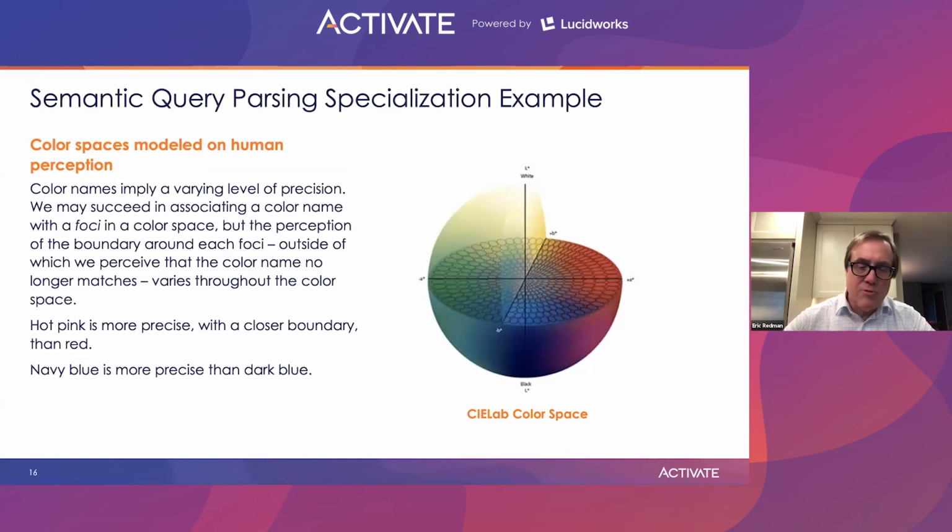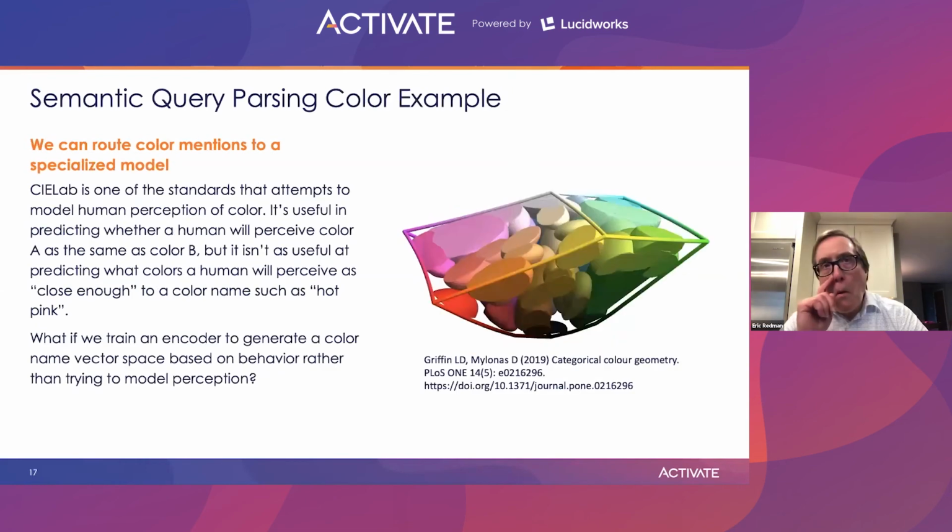Navy blue and dark blue, that's another example of a variation in precision. And so maybe we need another approach for digital commerce. Maybe we shouldn't worry too much about trying to directly model human perception, but more model human behavior.